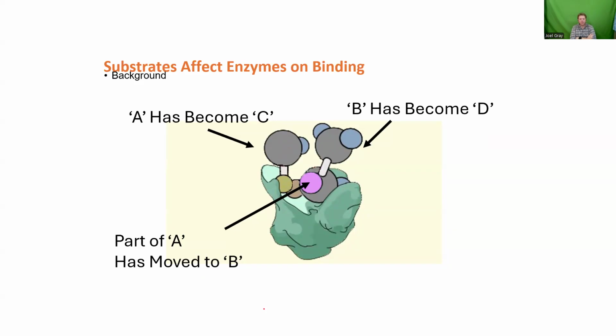Here we have our two different substrates, A and B. Well, parts of those change. So A is kind of a thing of the past. Likewise, B is a thing of the past. A has changed. That substrate, after a reaction has taken place, has changed.